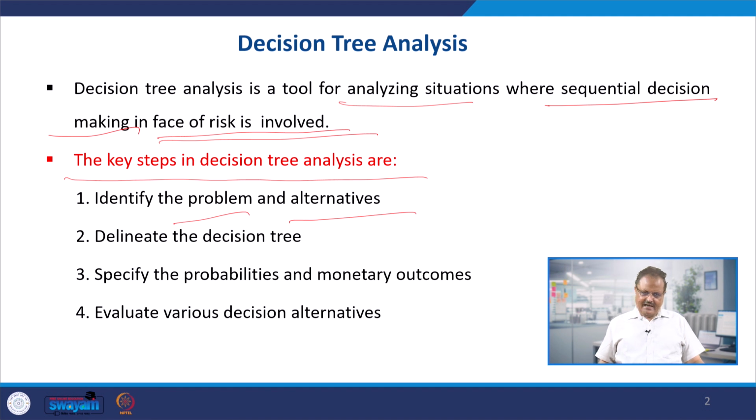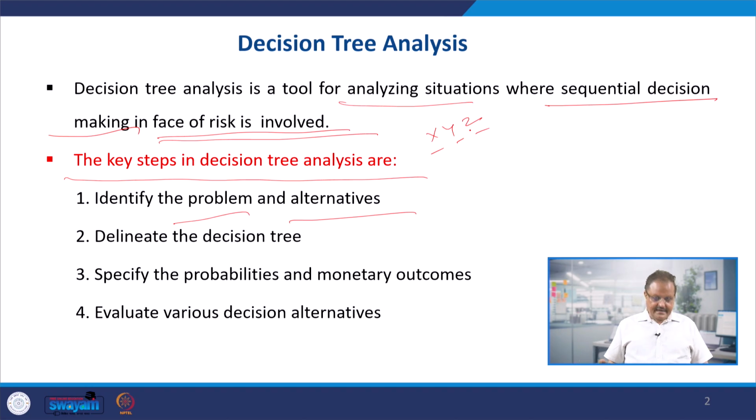So we have to have all the alternatives, whether to invest in project X or Y or Z, or maybe not to make any investment in these three projects. At any level we can abandon the investment decision for any of these projects, and the project giving us the best results with the risk at a manageable level would be our final call. So the first thing is to identify the problem and alternatives.